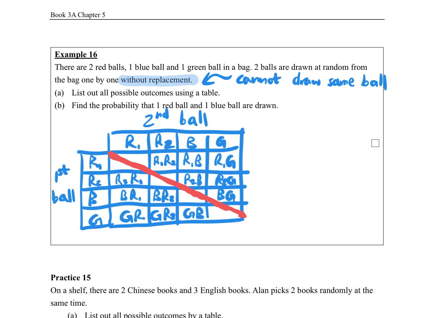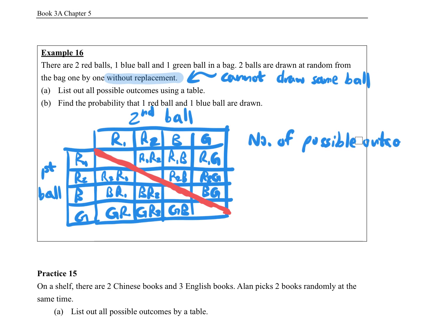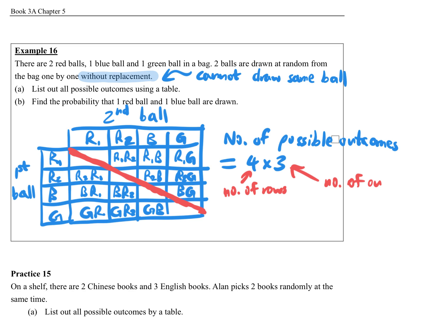So in all these cases, possible outcomes, how to count? There are two methods. If you consider each row, there are 4 rows and then the number of outcomes on each row.